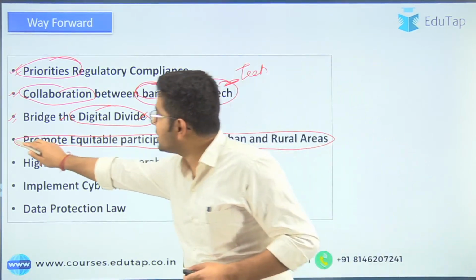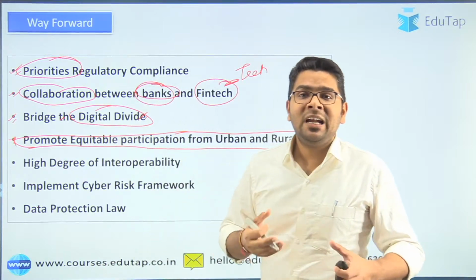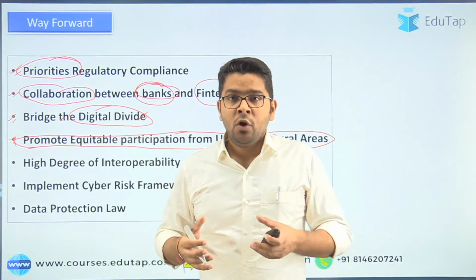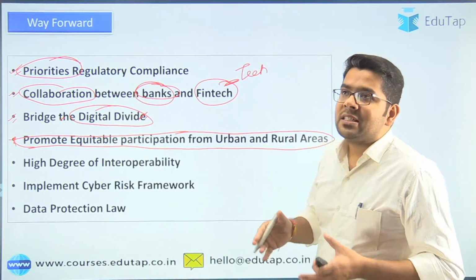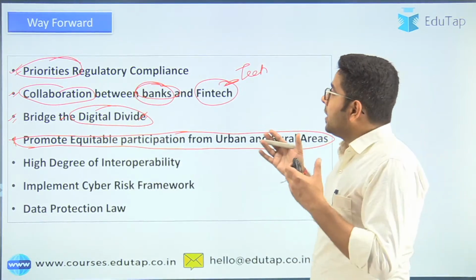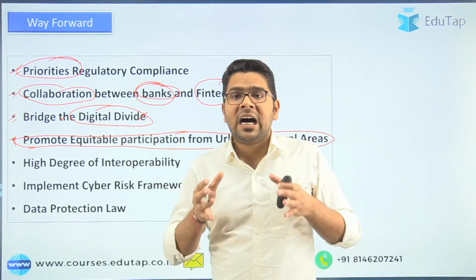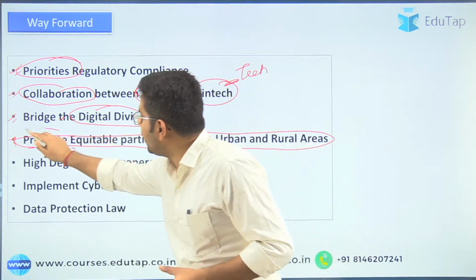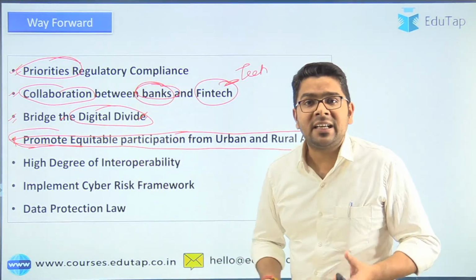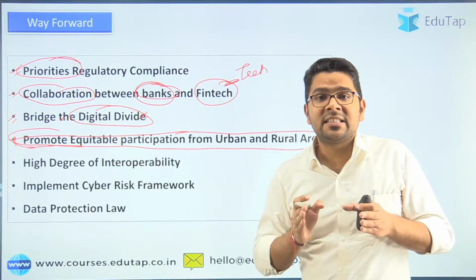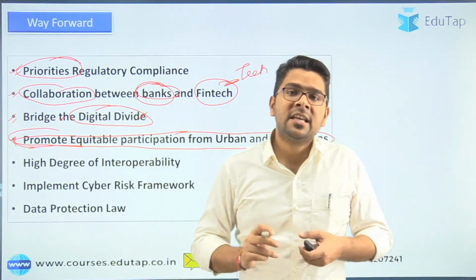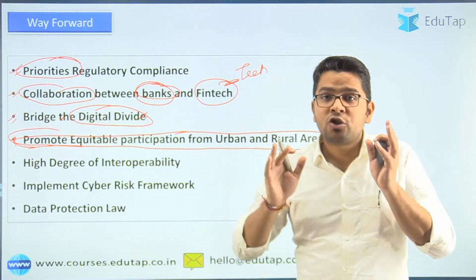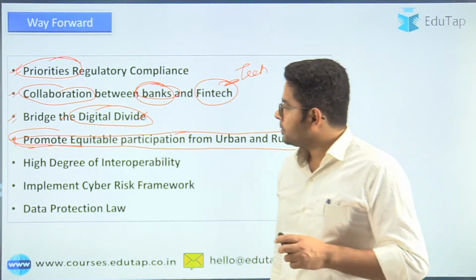Through this point we have tried to touch the social aspect. Most of the time, the technologies that these fintech or big giants cover mostly focus on the urban areas. So we are saying promote the technology in such a way that it touches both the urban areas as well as rural areas. Social aspect or social solution to a problem.